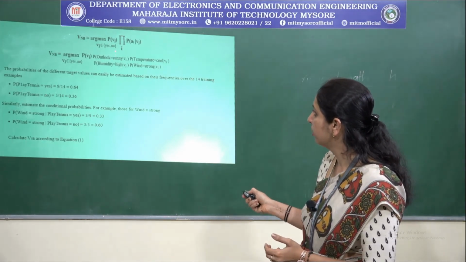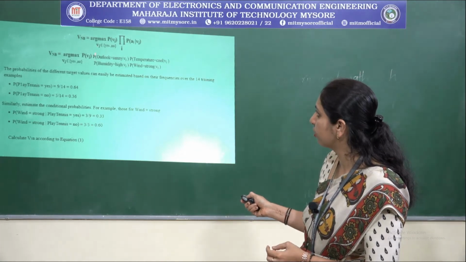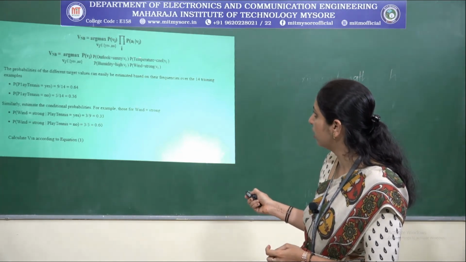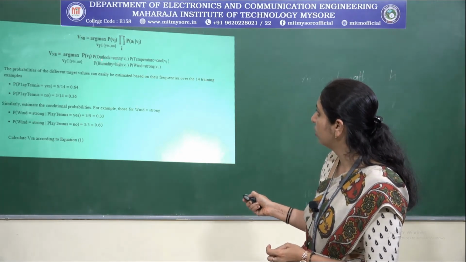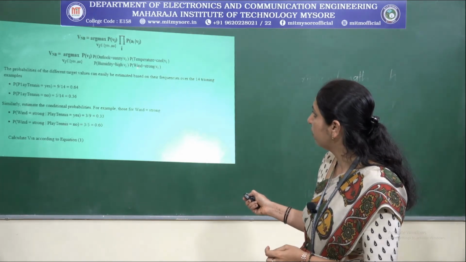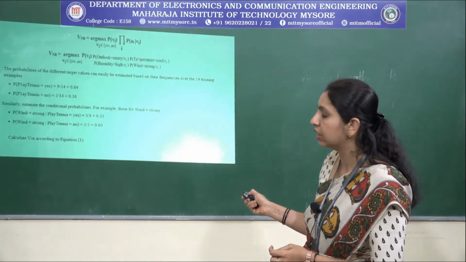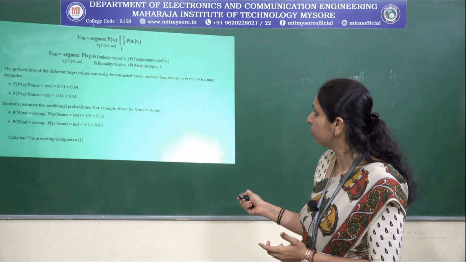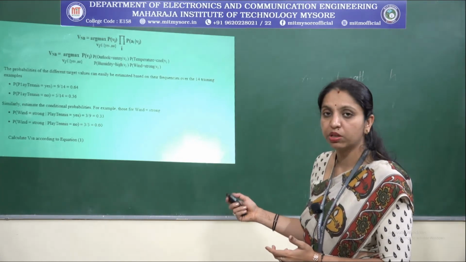Now, what is our job? The next job is to find the probability of outlook equal to sunny, temperature equal to cool, humidity equal to high and wind equal to strong, because this is the given task, or the new instance. You can find the same in the previous slide.